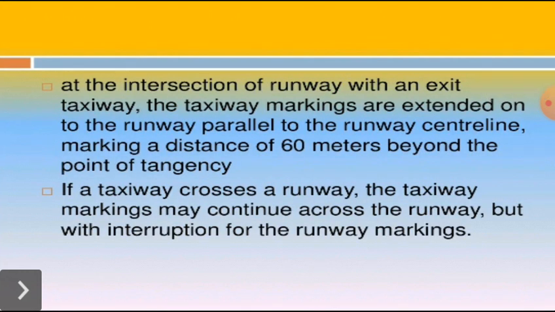At the intersection of a runway with an exit taxiway, the taxiway markings are extended onto the runway parallel to the runway center line, for a distance of 60 meters beyond the point of tangency. If a taxiway crosses the runway, the taxiway markings may continue across the runway but with interruption for the runway marking.